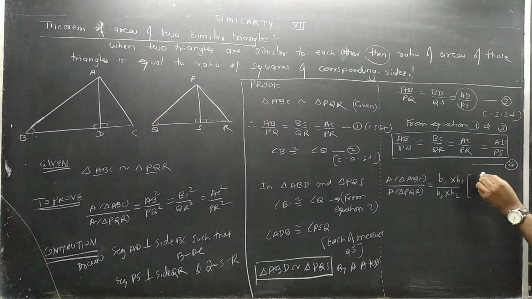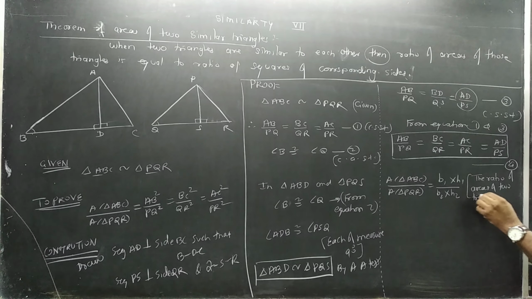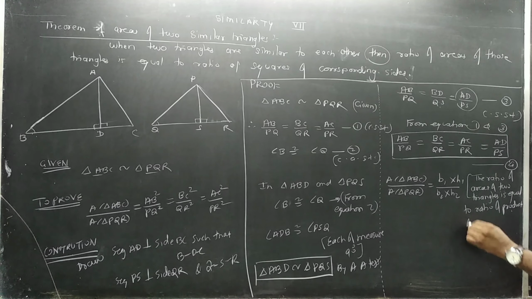That is, the ratio of areas of two triangles is equal to the ratio of the product of bases and their corresponding heights. Have you understood this?